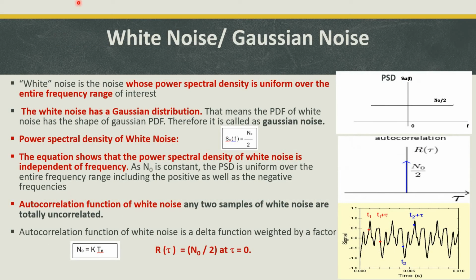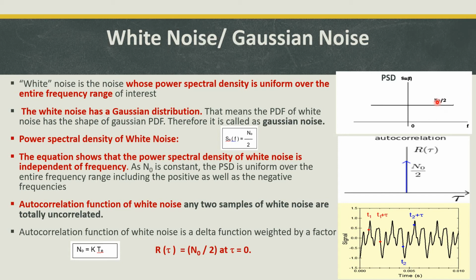Now we are going to discuss white noise or Gaussian noise. What is meant by white noise? White noise is the noise whose power spectral density is uniform over the entire frequency range of interest. You can see in the first picture, from 0 to minus infinity and 0 to plus infinity, the entire frequency range, the power spectral density is constant.